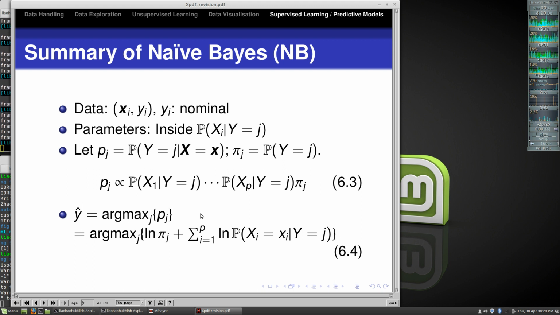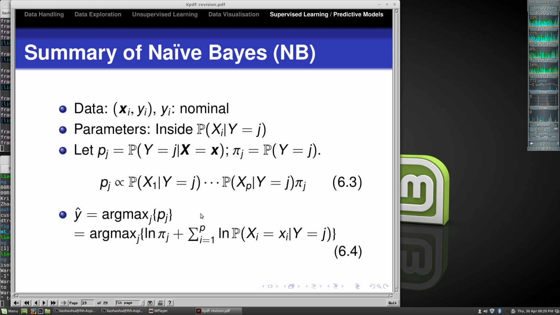Next, naive Bayes. This is similar to logistic regression in that it handles both categorical data and numeric data, and it's actually a parametric model.